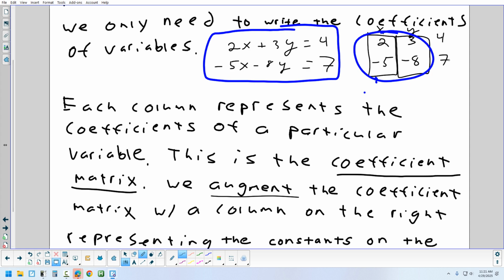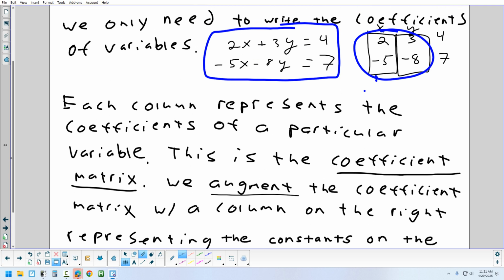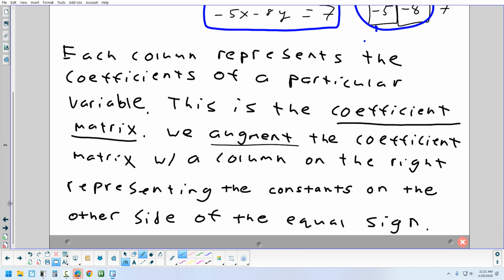That would be the full matrix that we would use to solve this problem. 2, 3, 4 in the first row, -5, -8, 7 in the second row. So first you build the coefficient matrix, and then on the right, you add a column for the numbers on the right side of the equal sign.